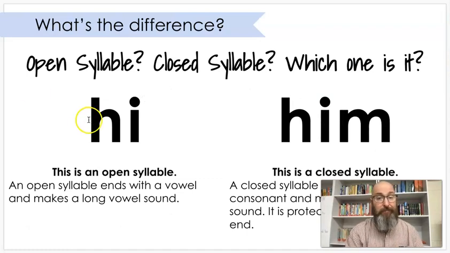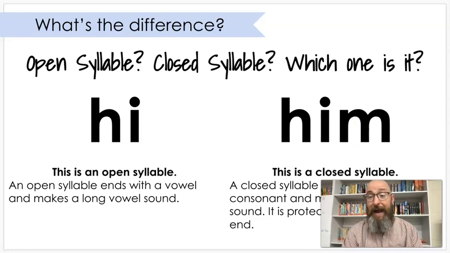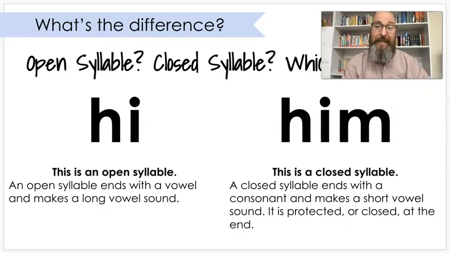I have 2 words here. Hi, him. If you noticed when I said those 2 words, the vowel sounds different. This is an open syllable. There's nothing behind that I yet. An open syllable ends with a vowel and makes the long vowel sound.